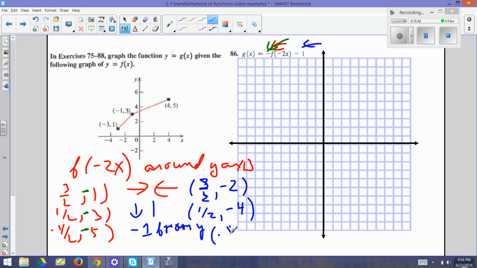Negative 4 halves is -2, comma, -5, subtract 1, would be -6. So those are my new points. I'm at 3 halves, -2. I'm at 1 half, -4. And I'm at -2, -6, which is right there. So it's something like that graph right there.